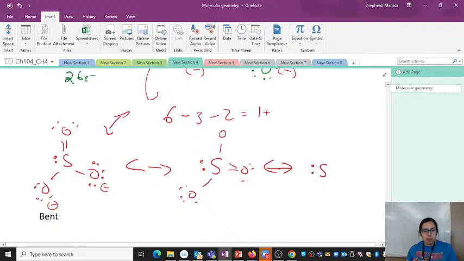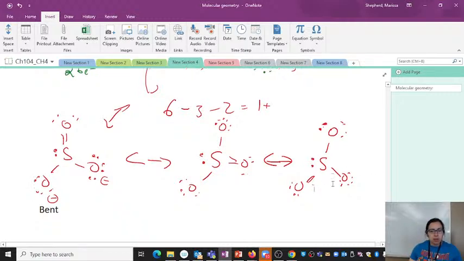Again, just moving electrons around, not changing the connectivity. And so sulfur right now has 10 total electrons: 1, 2, 3, 4, 5, 6, 7, 8, 9, 10. That's okay for our expanded octet.